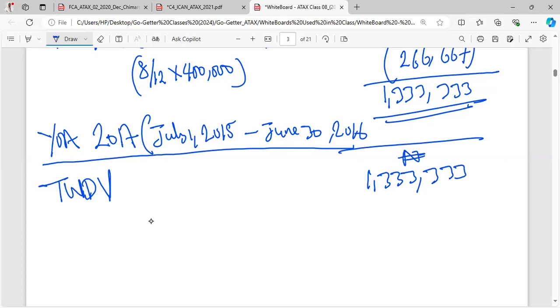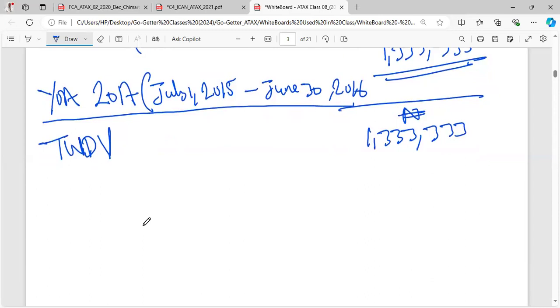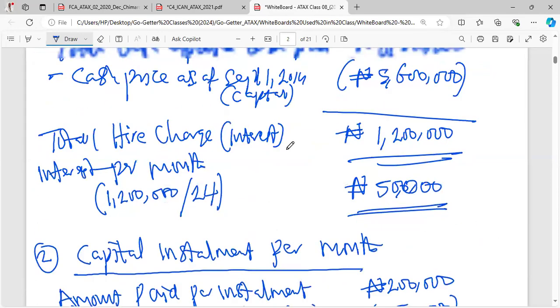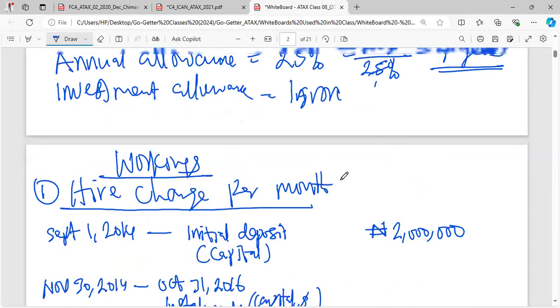Okay, then the next thing to do is additions. Now these additions are the capital payments you paid from July. Of course, we said this payment spans over 3 years.